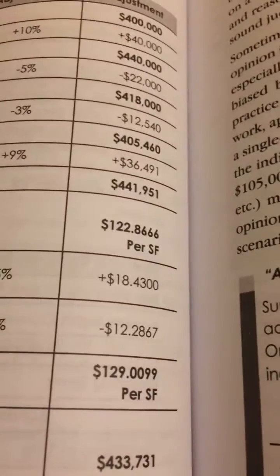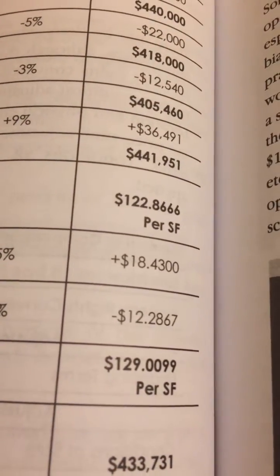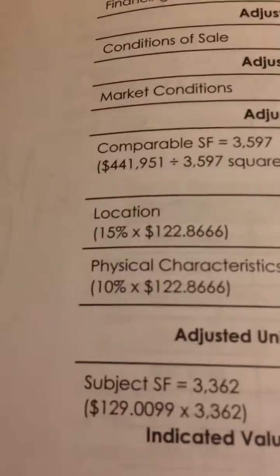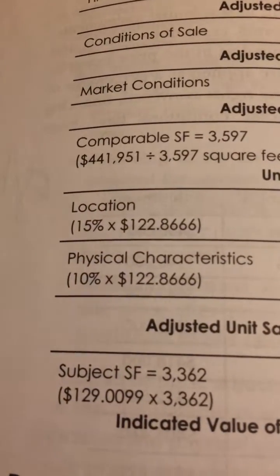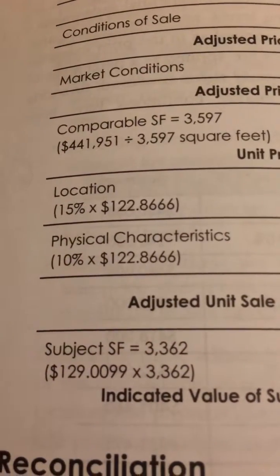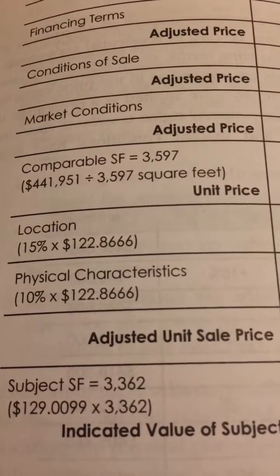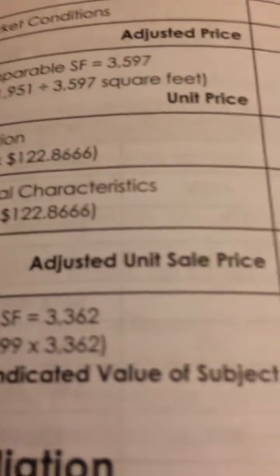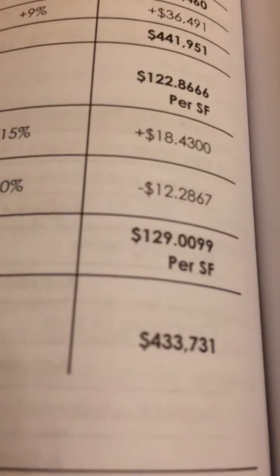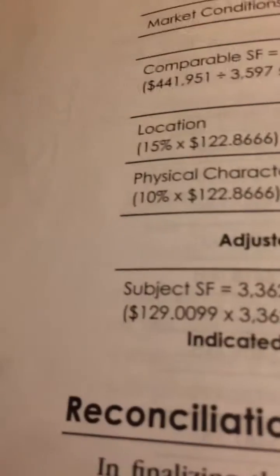Adjusted unit sale price, $129 per square foot. Subject square foot equals 3,362. $129 times 3,362. Indicated value of subject, $433,731.